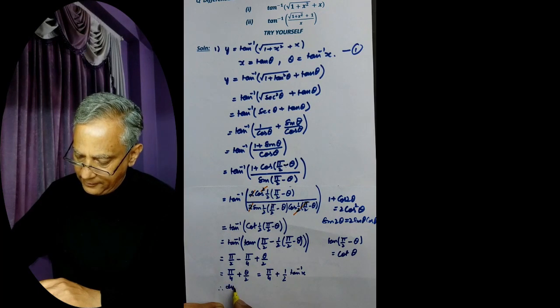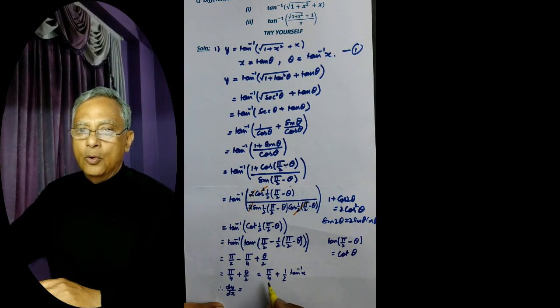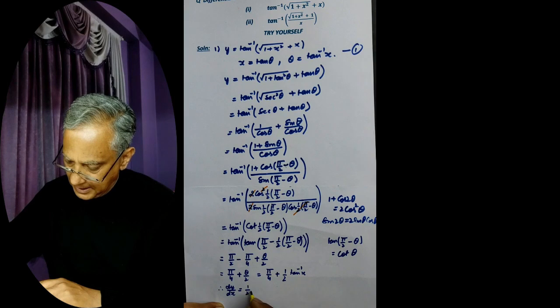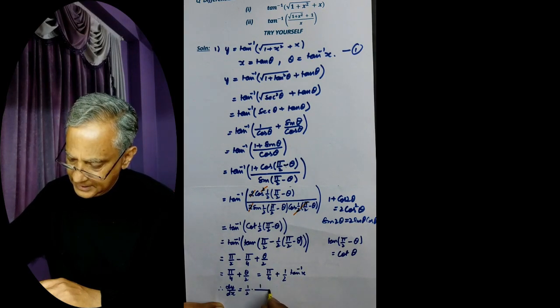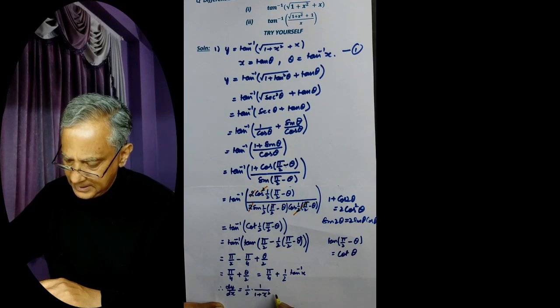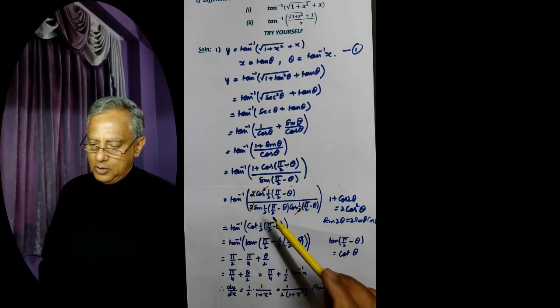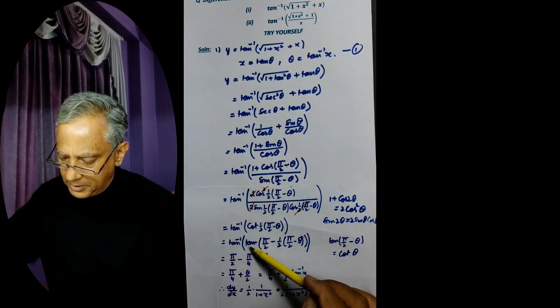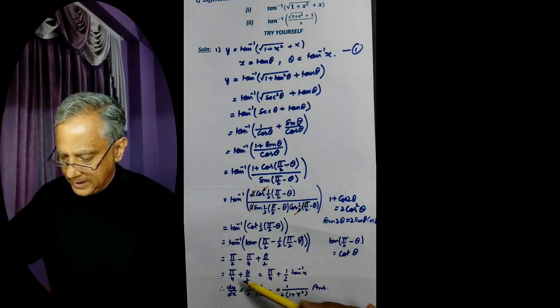And therefore dy by dx is equal to, now differentiation of this is 0, this being a constant, plus half into d by dx of tan inverse x. Differentiation of tan inverse x is 1 upon 1 plus x square. So this is equal to 1 by 2 into 1 plus x square. Answer. So here we get a cotangent of this, but this cotangent can be changed into tangent, and we get this angle.